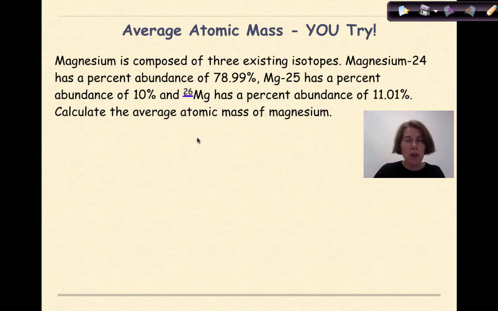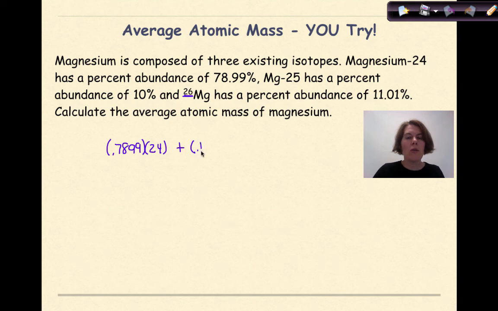Okay, I have 3 different isotopes that are involved here, and I want to make sure that I list all 3. So let's start with the first one. Magnesium 24 has a percent abundance of 78.99%. So I like just to convert my percentages into decimals. So I'm going to do 0.7899 times 24. I'm going to add that to magnesium 25, which has a percent abundance of 10%.